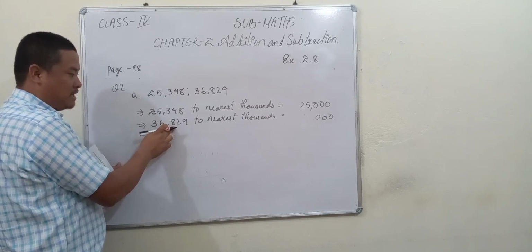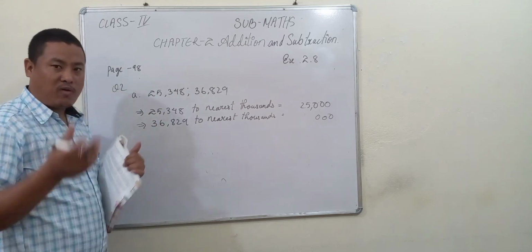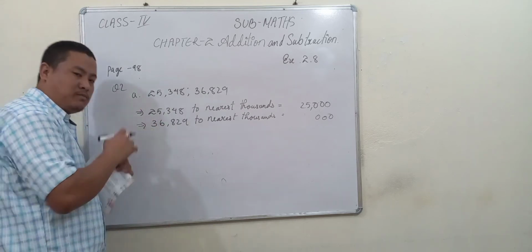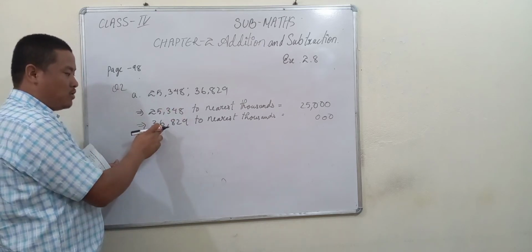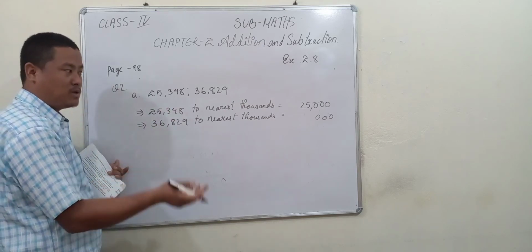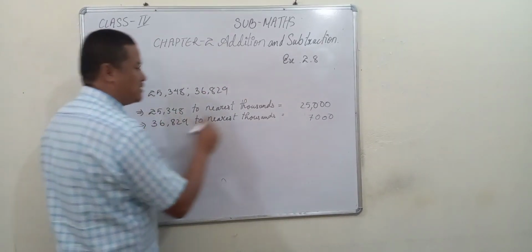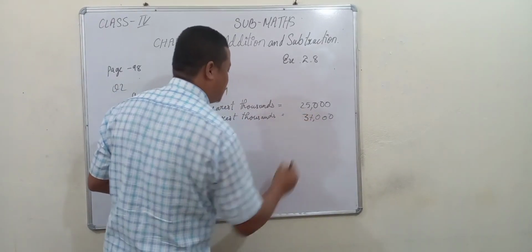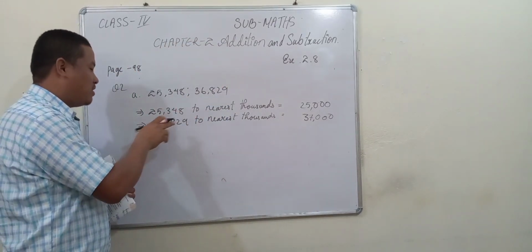It is 8. 8 means it is greater than 5. So when it is greater than or equal to 5, the next number will plus by 1. So 6 will be plus by 1. 6 plus 1 is 7, and this 3 will remain the same. Now we have 37,000 as the nearest thousand of 36,829.